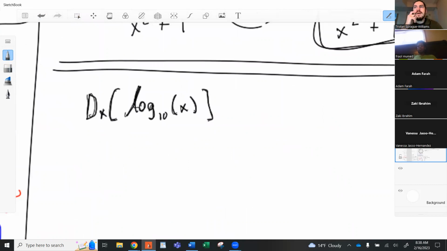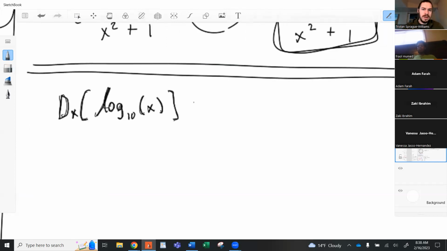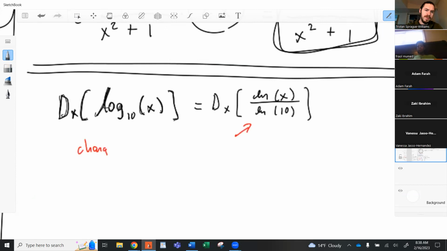Now that I've changed the base of the logarithm, I'm going to get a different derivative. In order to figure out what that is, I can use an identity called the change of base formula.